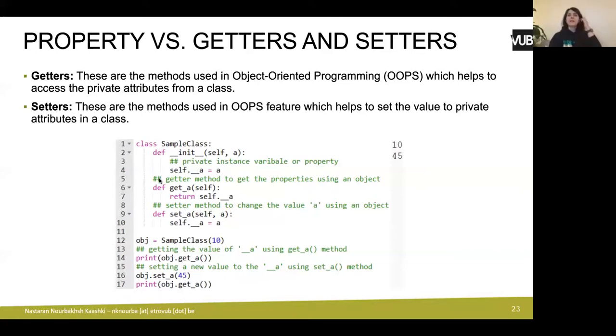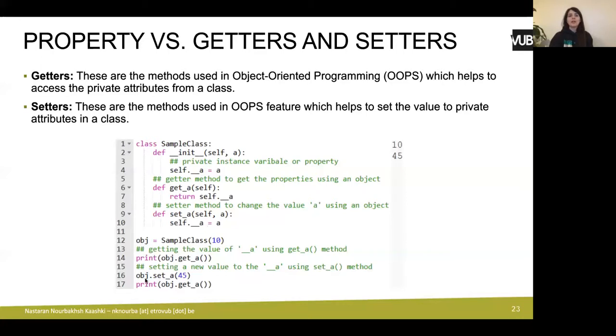This is a class. It has a constructor. It has a private instance variable. This is the getter. It's just returning the value inside this private instance variable. And the setter is just updating this private member.